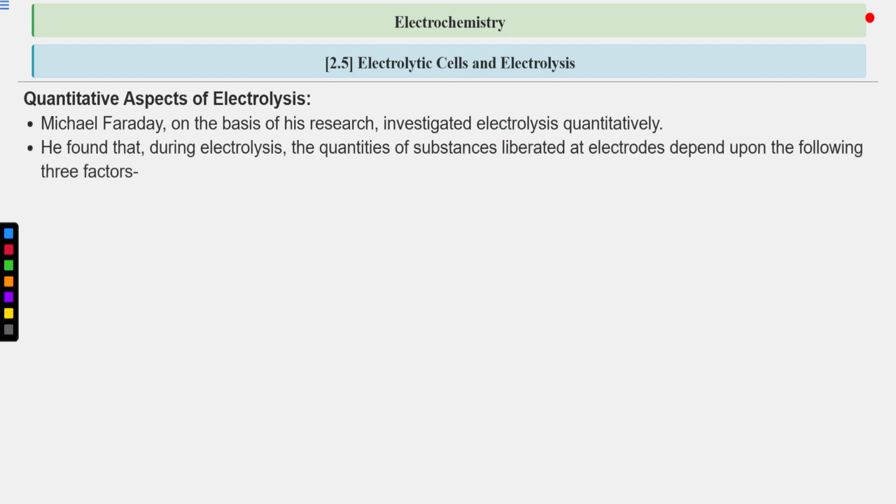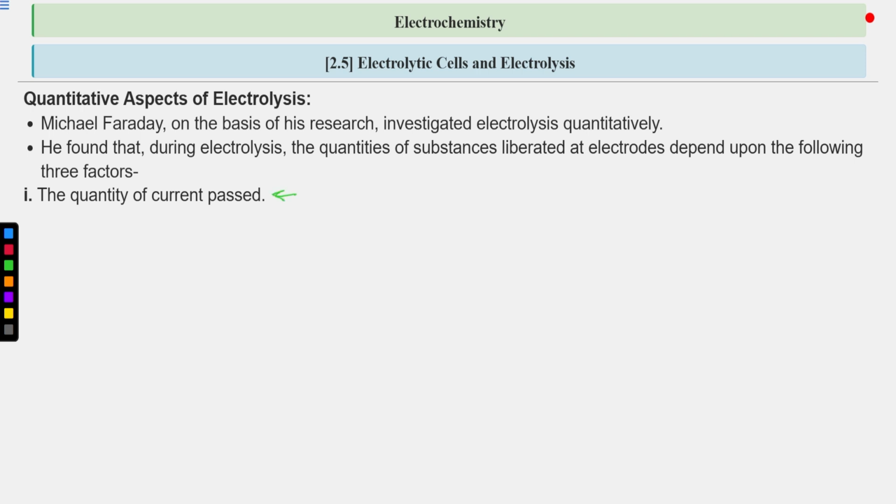He found that during the electrolysis process, the quantities of the substances liberated at the electrodes, that means cathodes and anodes, depend upon the following three factors. The first one is the quantity of current passed.